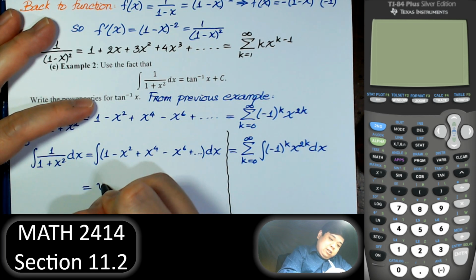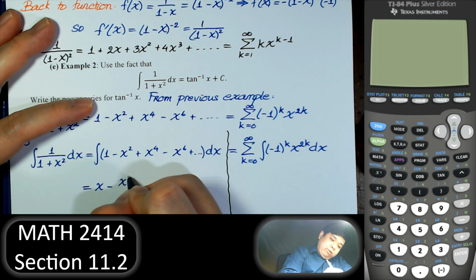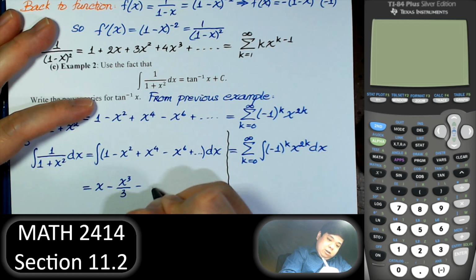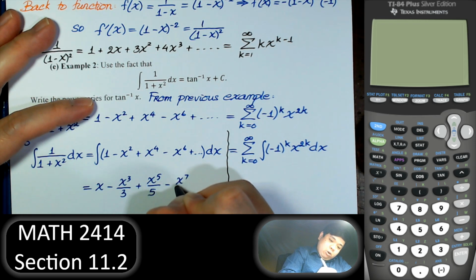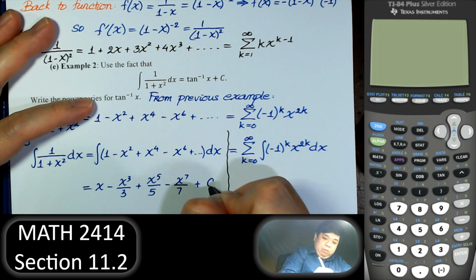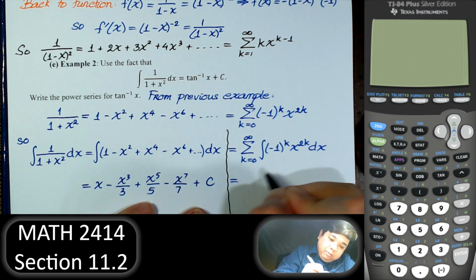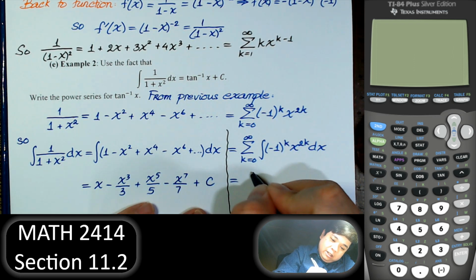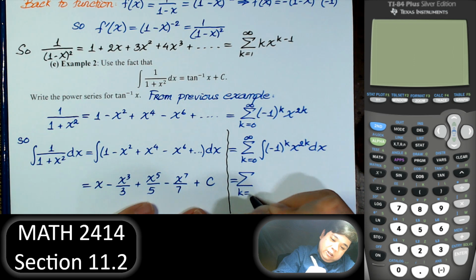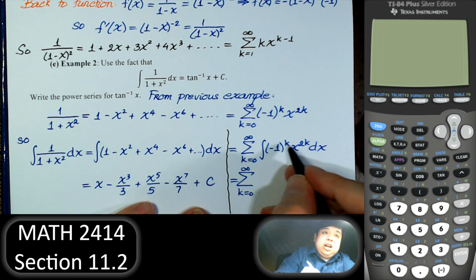The integral of this is x minus x cubed over 3 plus x to the 5th over 5 minus x to the 7 over 7 plus the constant c. We'll get back to that constant c business in a little bit, but for now, the integral of that series, still in summation form, is (-1) to the k power.